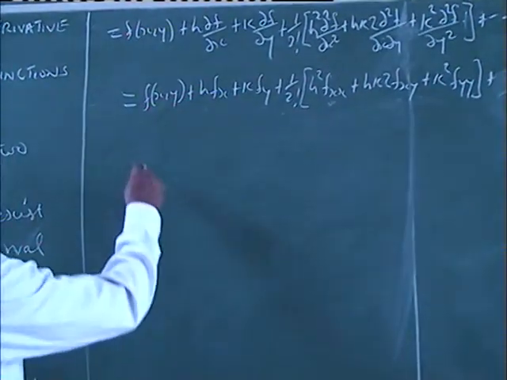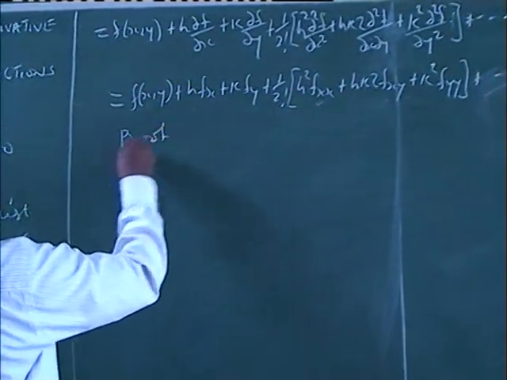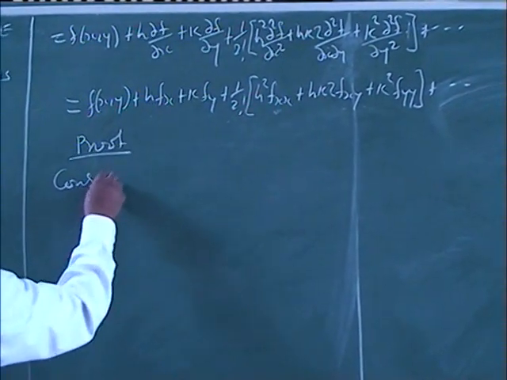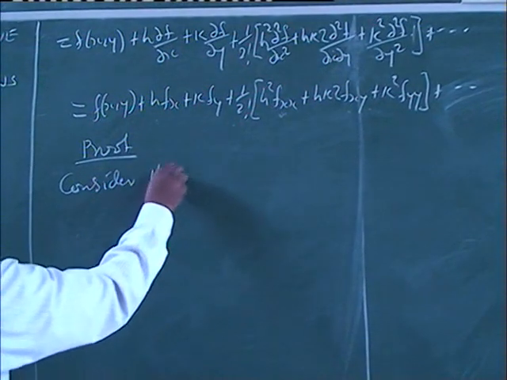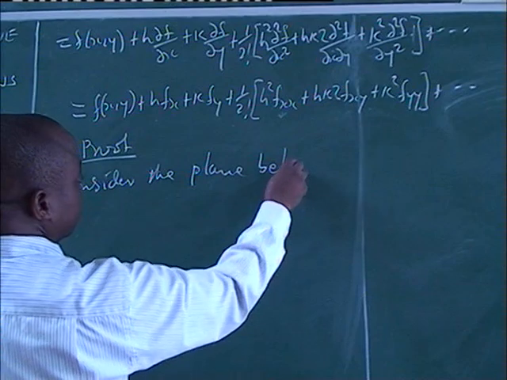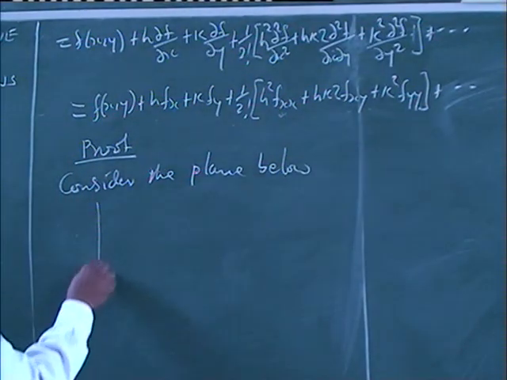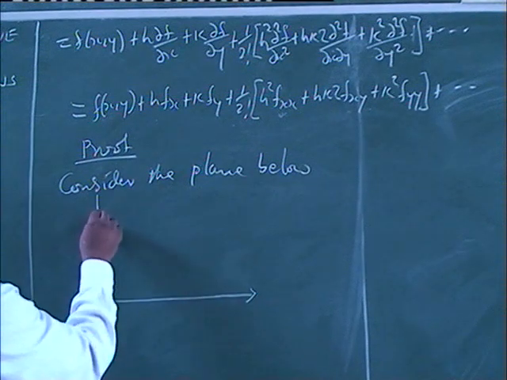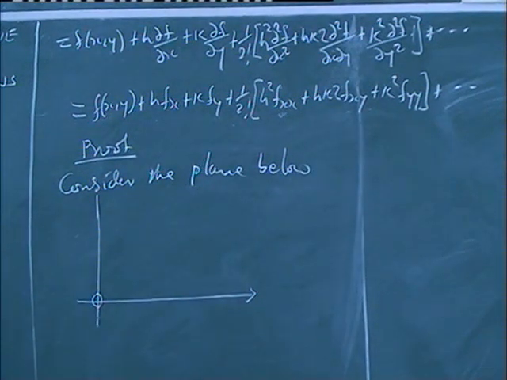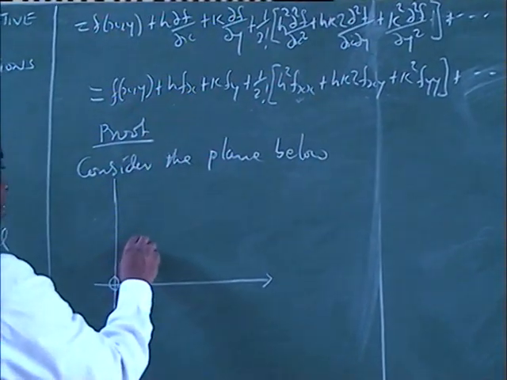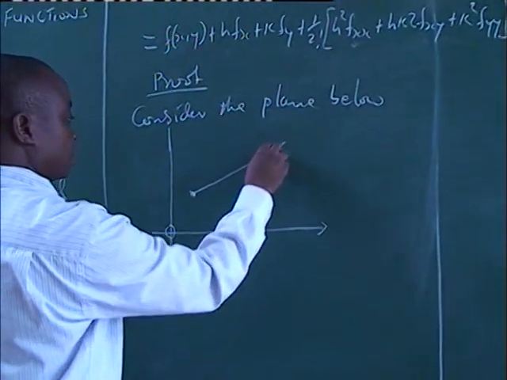Now let's see the proof. Now consider the plane below. We'll use this plane to prove the Taylor series of a function of two variables. We have a point in this plane.